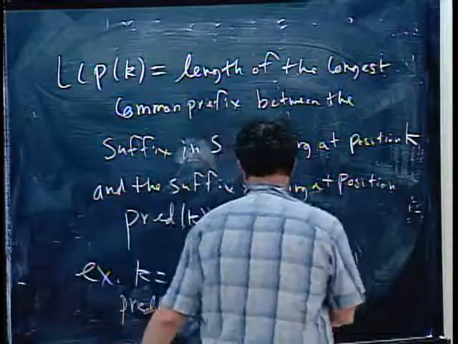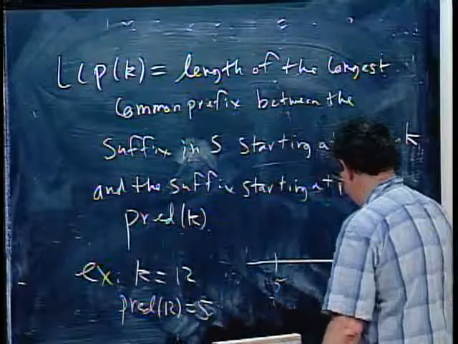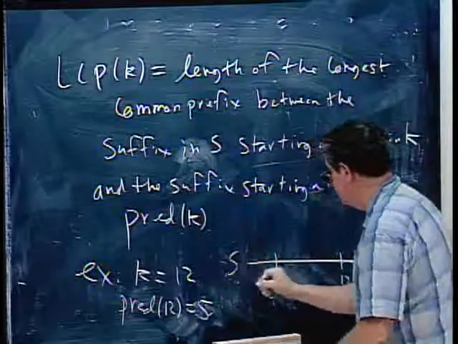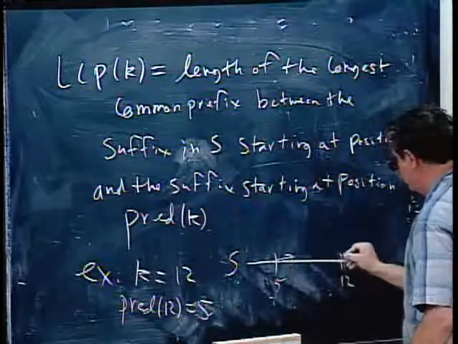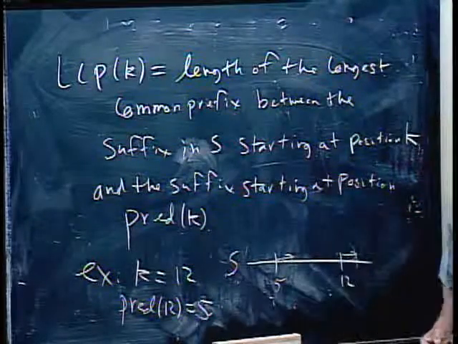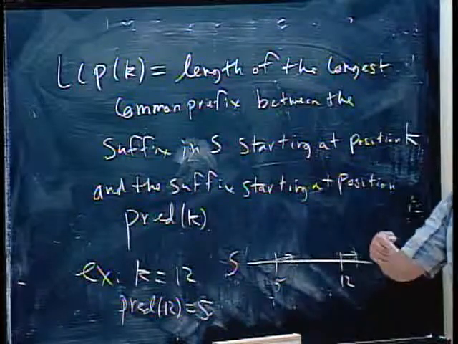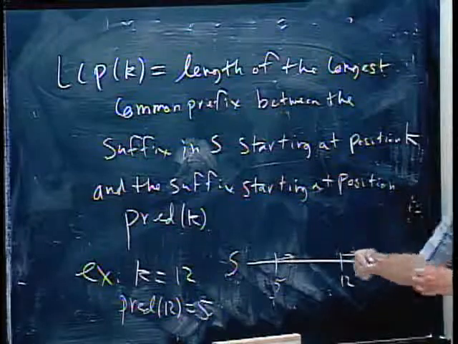And so what this is asking for is, what is the length of the longest common prefix starting at position 5 and starting at position 12? Because these are two neighboring values in the suffix array, they may be quite similar at the beginnings.